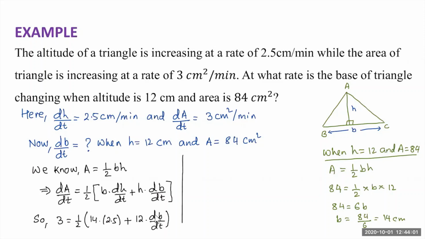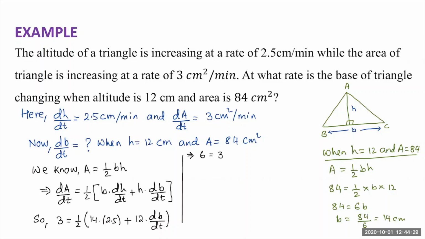In the next step, since this 2 is dividing here, if I multiply by 2 on the right-hand side, the 2 gets cancelled, and on the left-hand side that will be 6. 6 is equal to 14 times 2.5, which is 35.